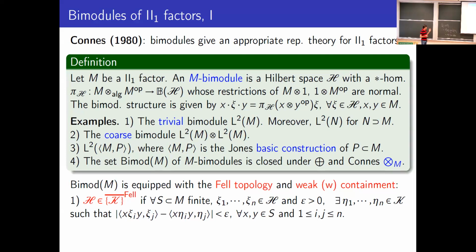The following says, informally, that any matrix coefficients of H can be simulated to arbitrary accuracy in K. So if I pick any finite set S in M, any set of n vectors in H, and any epsilon, I can find some other n vectors in K such that the matrix coefficients are within epsilon of the corresponding matrix coefficients with respect to eta 1 to eta n. And again, I want this for all x and y in the finite set S and for every i and j.